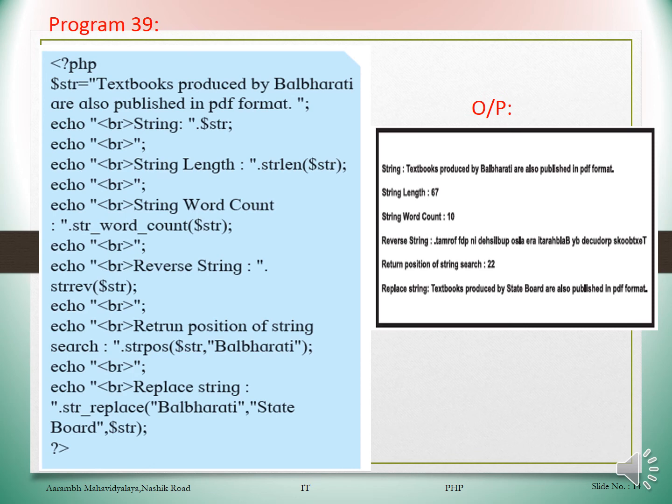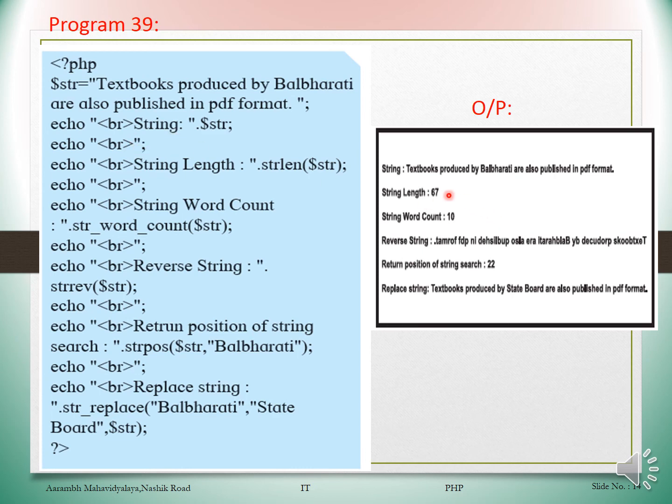In your textbook, an example is given where a string is provided with the variable name str, and the string is textbooks produced by Balbharati are also published in PDF format. First of all, they displayed the string as it is, therefore echo is used, break, that means it will display the data on the next line.